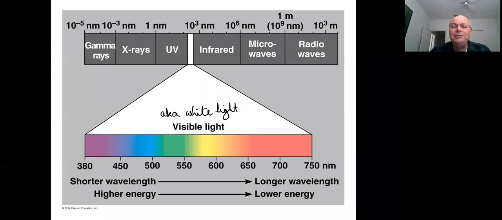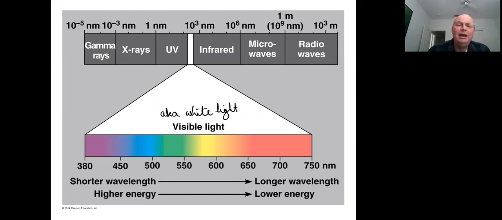Red, at the other end of the visible light spectrum, the longer wavelength, and therefore lower energy, is around 750 nanometers. In between are all the other colors, and each color reflects a particular wavelength. So when we talk about red or yellow or green or blue or violet, we're actually talking about different wavelengths of light that our eyes are sensitive to.